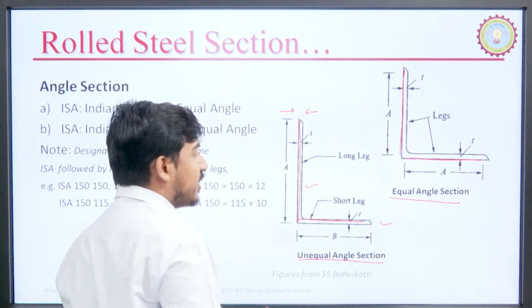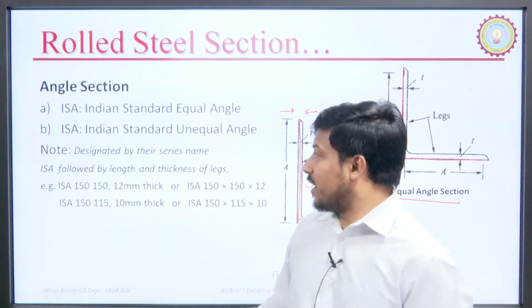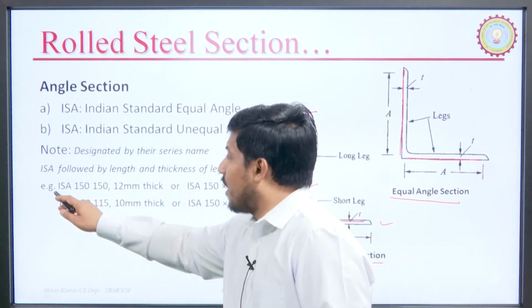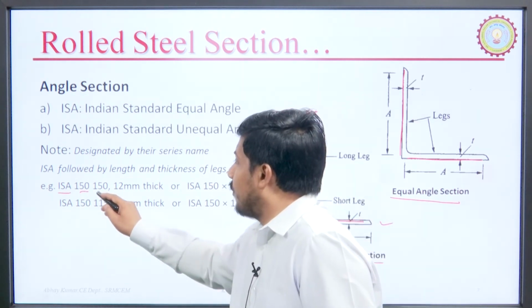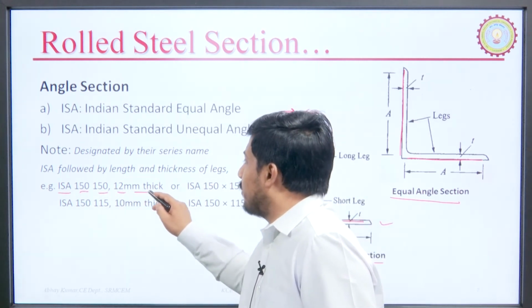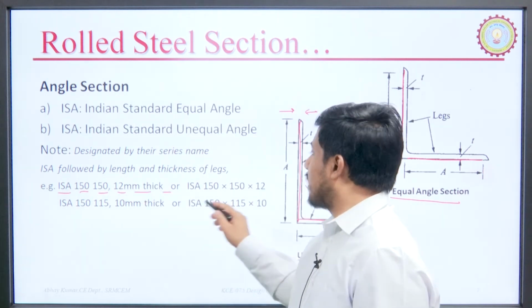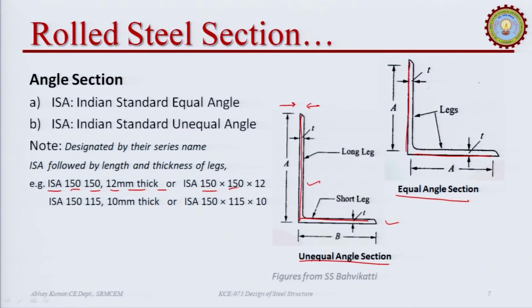So, how is it designated? It is designated like ISA, meaning Indian Standard Angle, 150, 12 mm thick, or in the same sense we can say 150 cross 150 cross 12. What does it indicate? It indicates that one leg of this angle section has a length of 150 mm, the second is also 150 mm, and the thickness of the angle section is 12 mm.